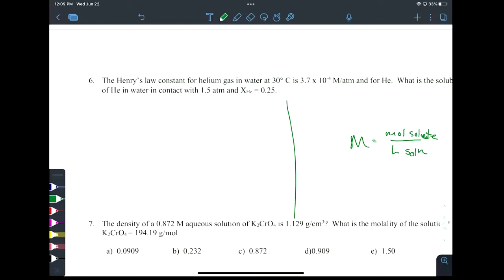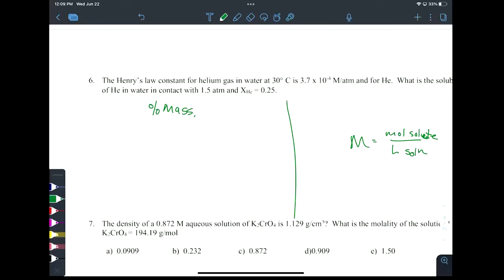So this is how I categorize them in my head. We've talked about percent mass. I could say your sample is 50% by mass sodium chloride, 50% of the total mass, right? 50% of that mass is your solute.